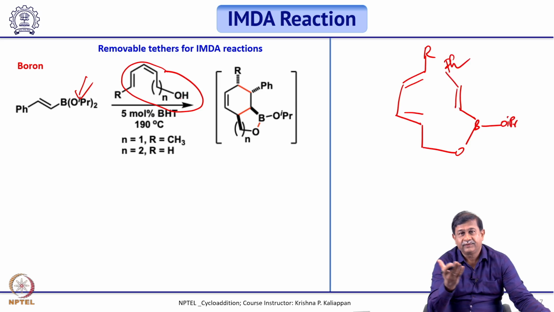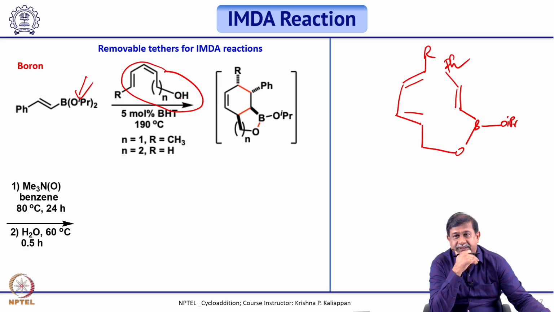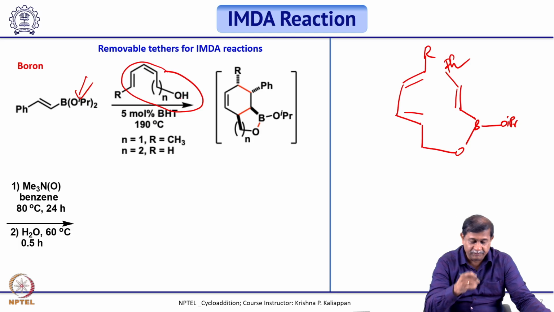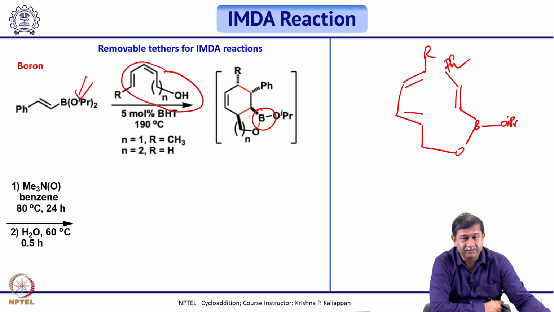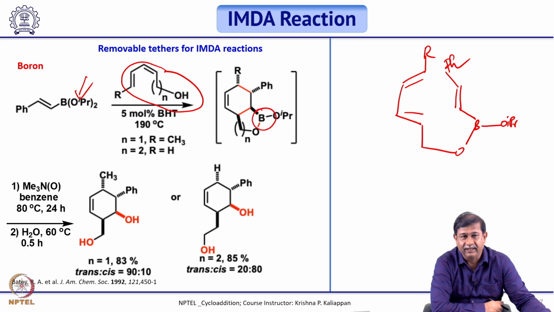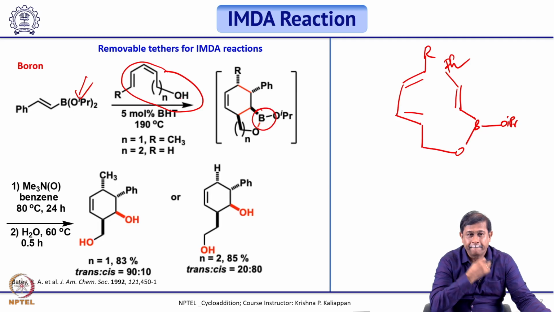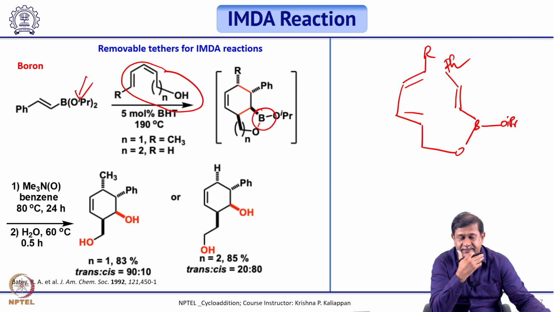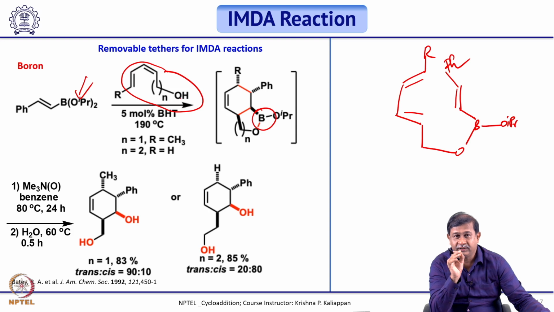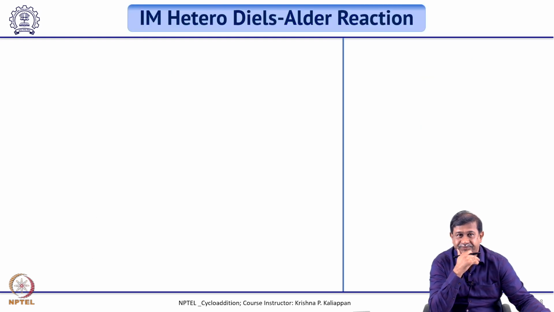Okay. So this will undergo an intramolecular type 1 Diels-Alder reaction, and followed by this, the boron can be oxidized and hydrolyzed to get the corresponding diol. Okay. So this is also quite easy using boron as a tether. One can do successfully intramolecular Diels-Alder reaction.